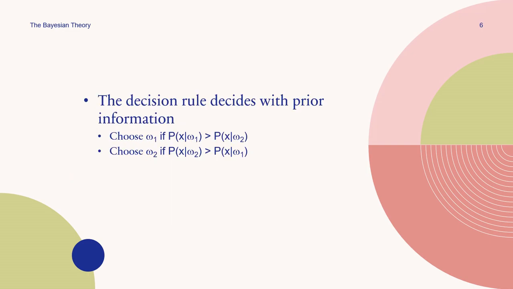The decision rule, according to the class probability, decides with the prior information. It would choose event 1 if the probability of x given that event 1 has occurred is more than the probability of x given that event 2 has occurred, and vice versa.